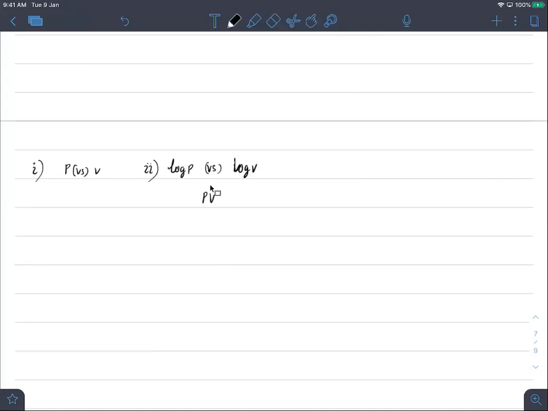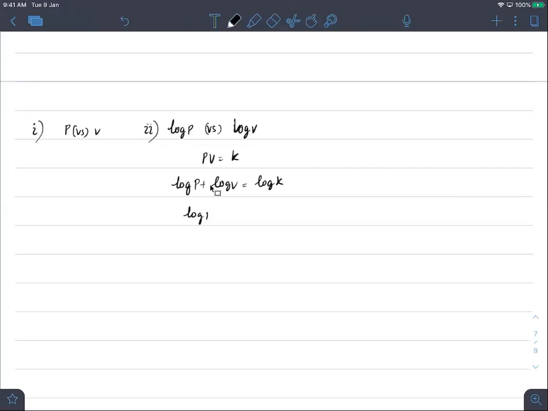We know that PV is equal to constant. So taking log on both sides, I will get log P plus log V is equal to log K. So log P will be equal to minus log V plus log K, which replicates the equation of a straight line, y is equal to mx plus c, where m is minus 1.